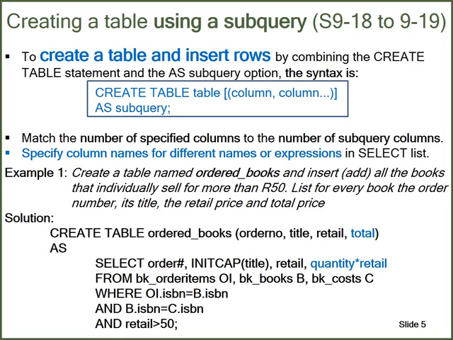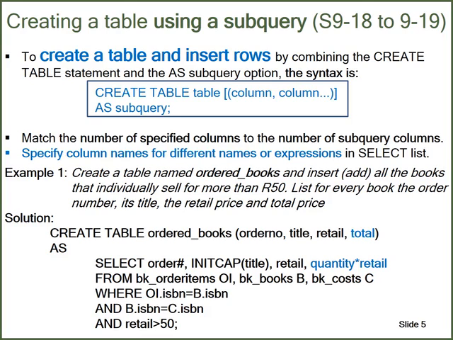Therefore, the solution is CREATE TABLE, the name is ORDERED_BOOKS, in brackets the column names: order#, title, retail, and now I want to name the last column, total price, I want to name it total.